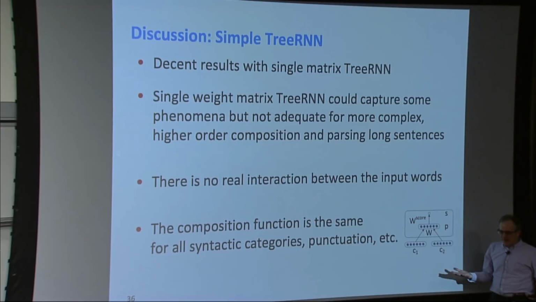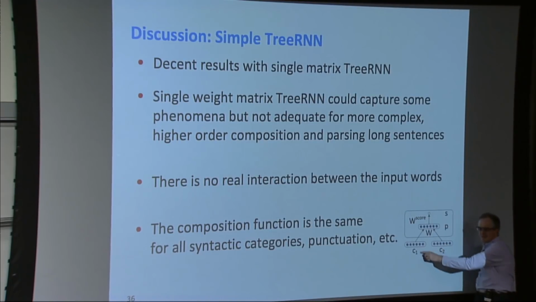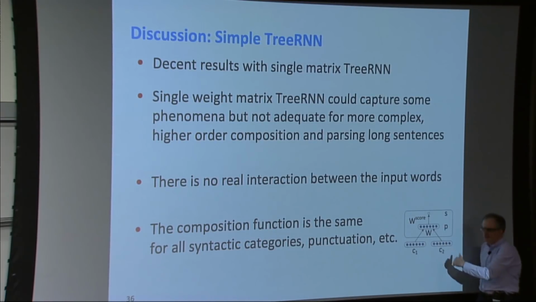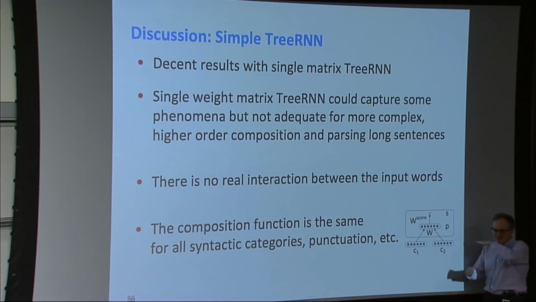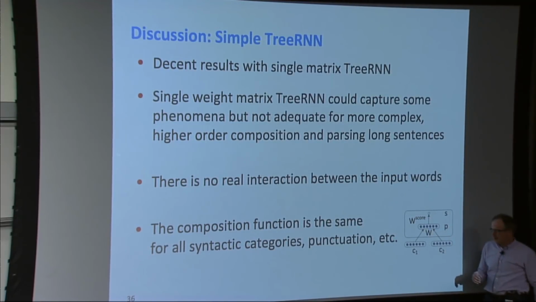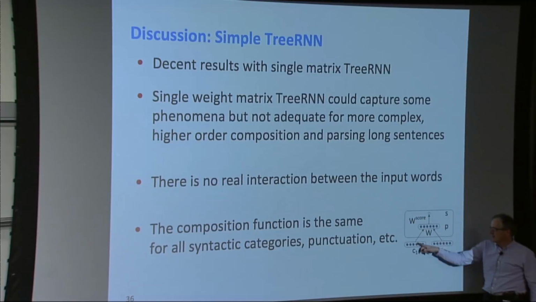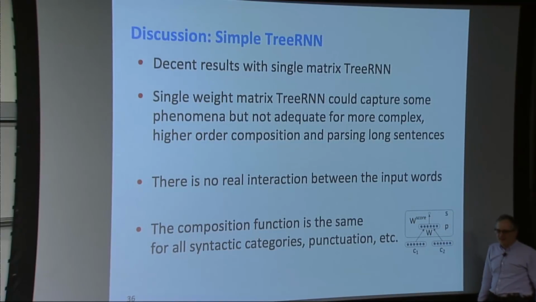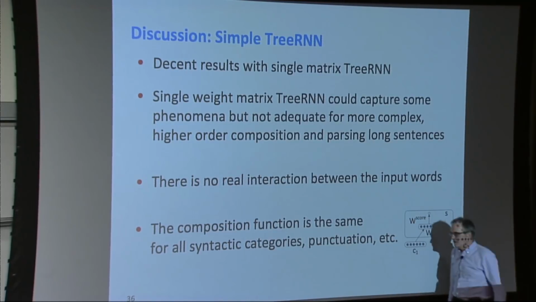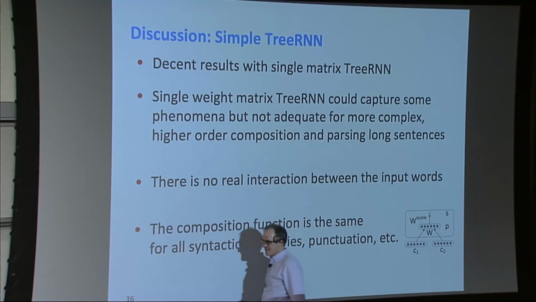And as I hope you've gotten more of a sense of in this class, if you just concatenate and multiply by a weight matrix, you're not actually modeling the interaction between these two vectors. You can think of this weight matrix as being divided in two, and half of it multiplies this vector and half of it multiplies this vector. So the meanings of these two things don't act on each other. Somehow you have to make your neural network more complex than that.